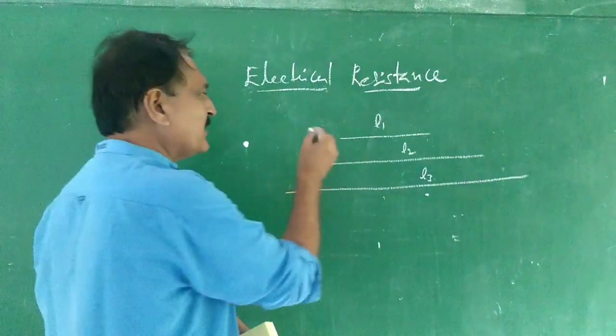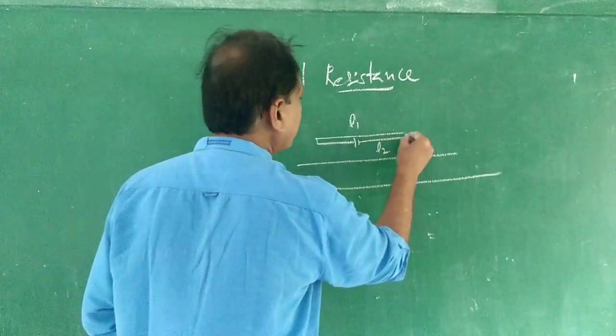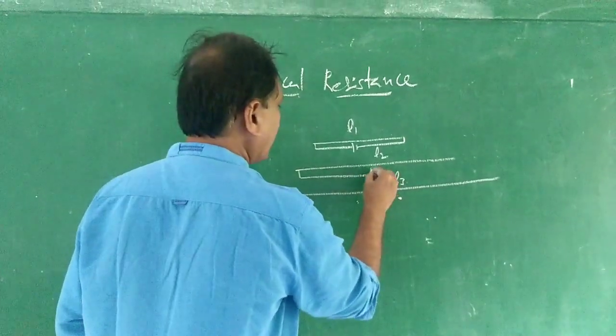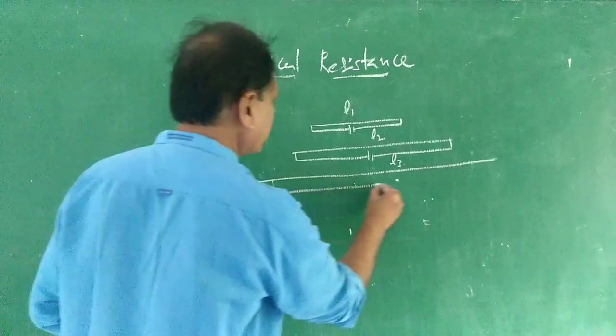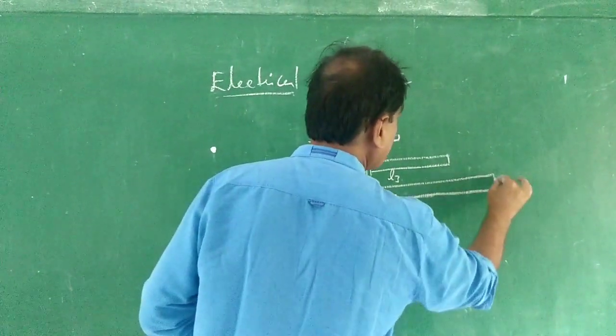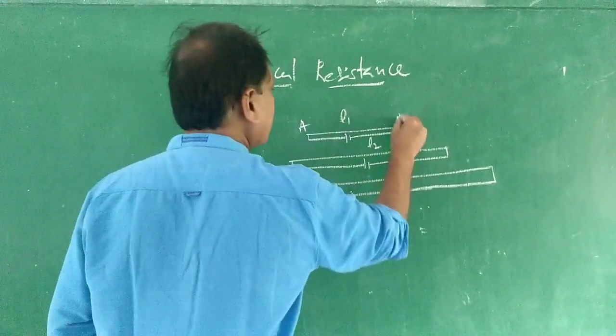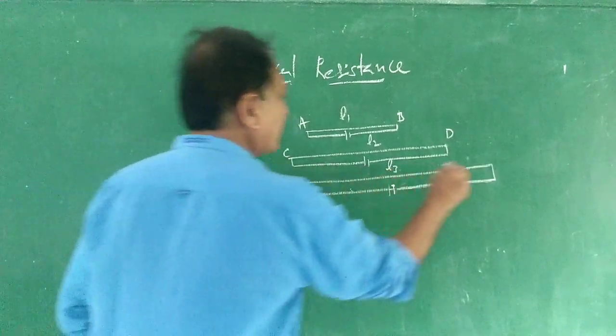If you connect a battery, the same battery, to each of them, AB, CD, EF.